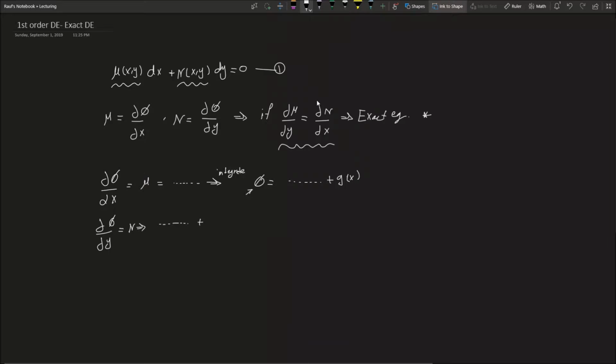It will give you that differentiated term plus g prime of y.